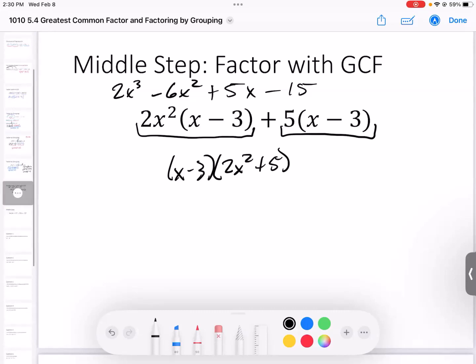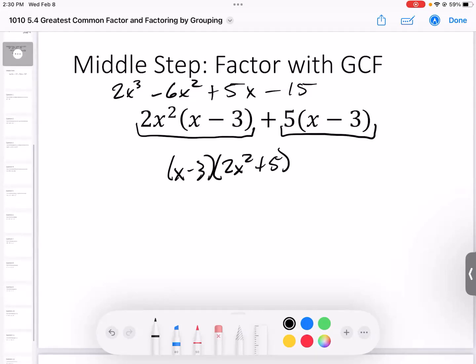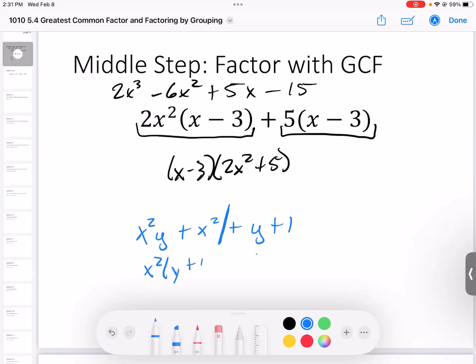I can't remember if it happens on every problem, but if you ever have something like, hopefully I can make up one that actually factors well. If you ever end up with something like that, when you split it into two groups, obviously the first one has an x squared in common, and you would have y plus 1.